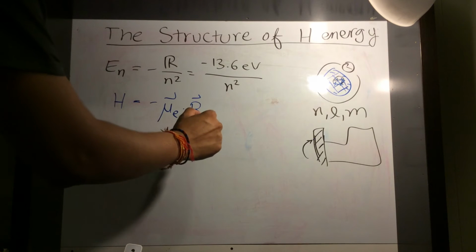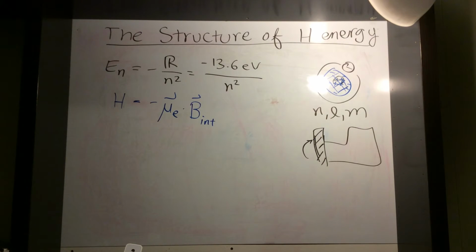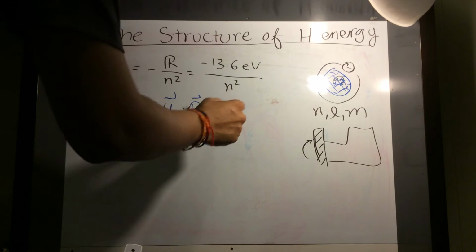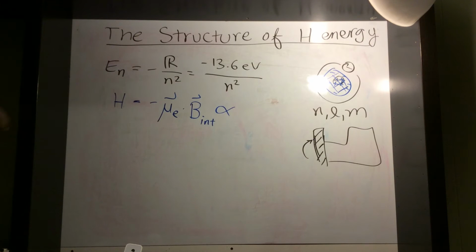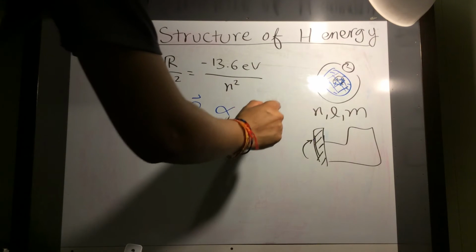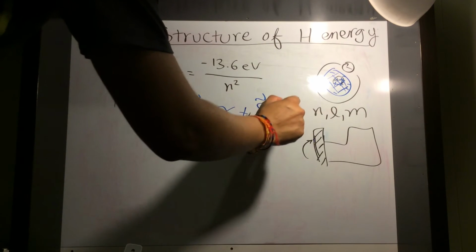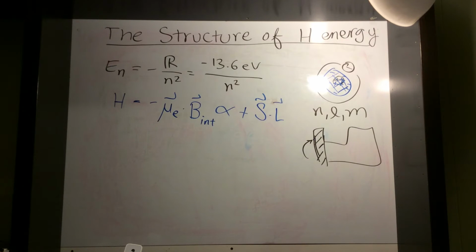This is the internal magnetic field, and that internal magnetic field turns out to be proportional to the angular momentum of the electron. So this turns out to be of the form S dot L. So now the spin of the electron and the angular momentum of the electron are coupled with each other.